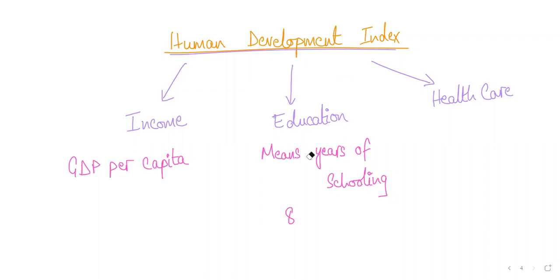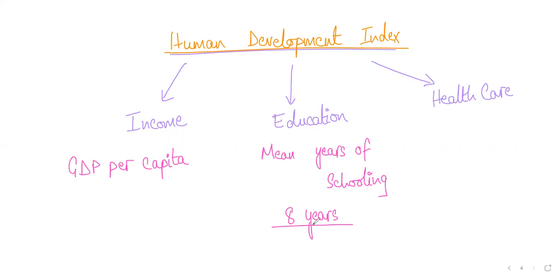So if Pakistan's mean years of schooling is 8 years, this means that on average, Pakistanis go to school, formal education. There's a difference between formal and informal education. Formal education is very structured and systematic education. Either you're learning online or you're homeschooled. Even if you're homeschooled, not a problem, but you should be learning in a structure. You have subjects, you have dedicated teachers, you get special attention and so on. That is formal education.